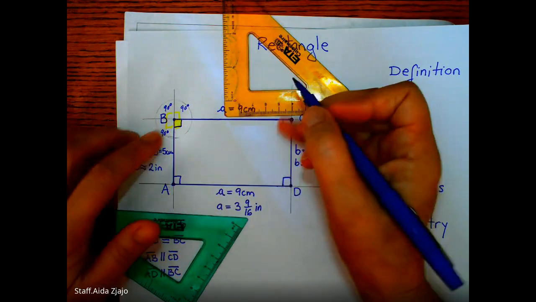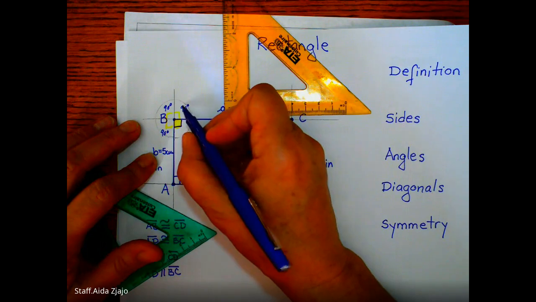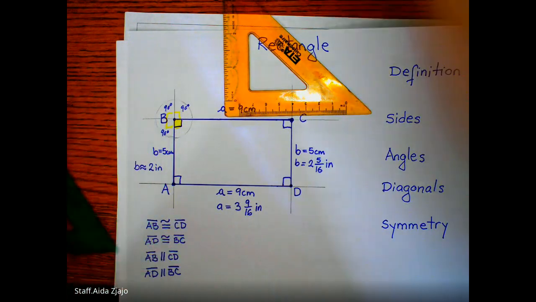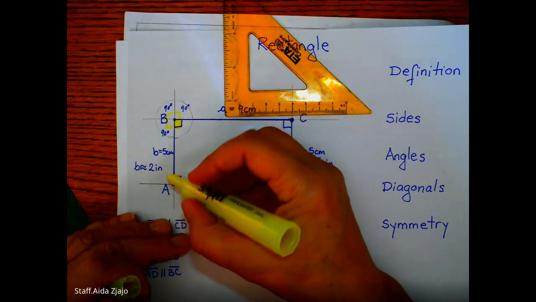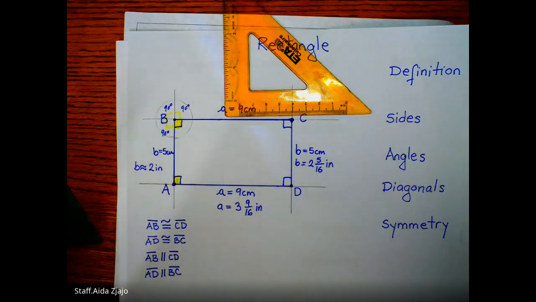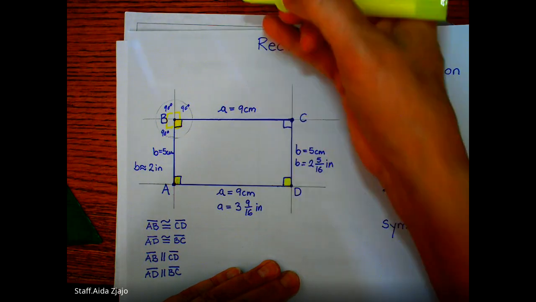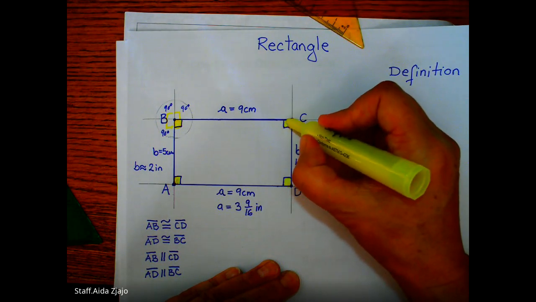Usually when you see a rectangle with a little square, that automatically means it is considered a 90 degrees angle. That's just good to know.